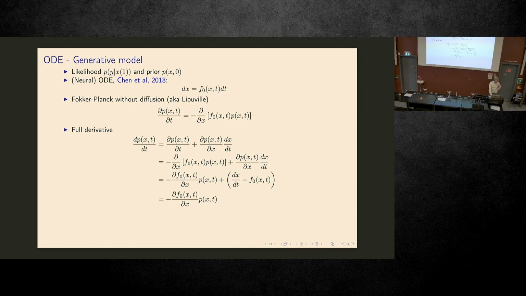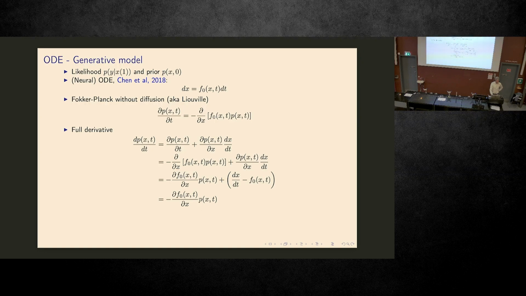Then you can see here we have partial derivatives, and the partial derivative simply means that we ignore that x depends on time, and we only look at the explicit time dependence, right? So if we write the full derivative, then it's the partial derivative plus the time dependence through x. So we can write it like this. And now dx dt is defined by the ODE, and we plug that in, and then we see that two terms cancel, and we get this differential equation for the marginal.